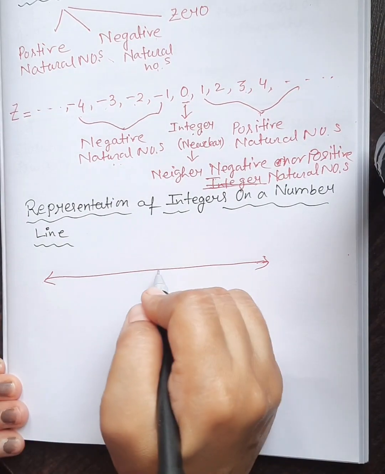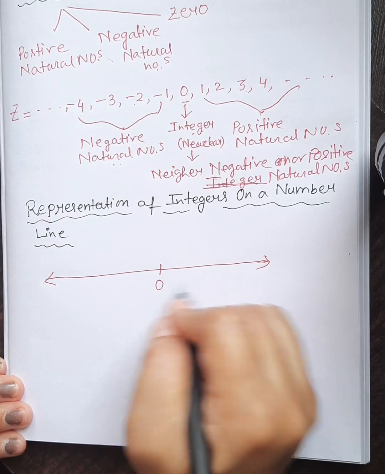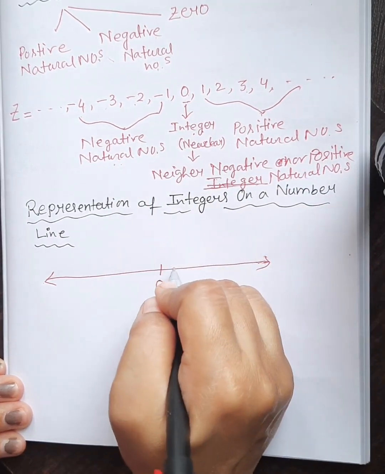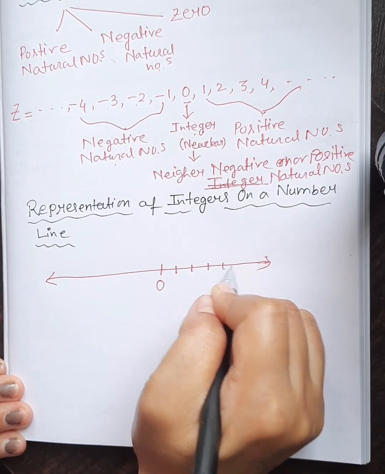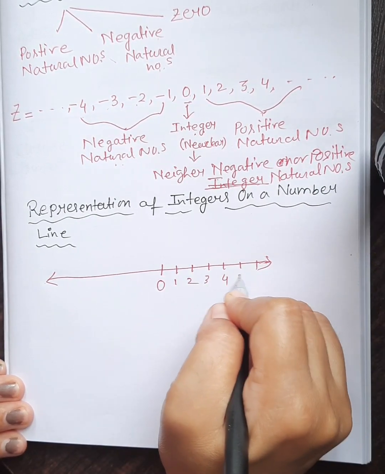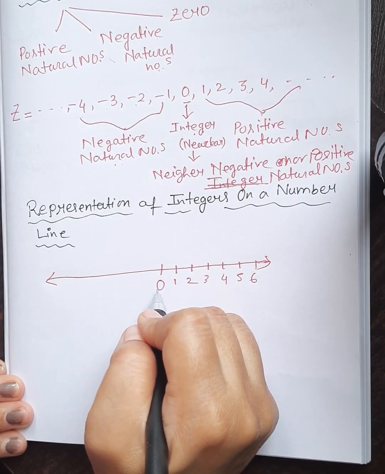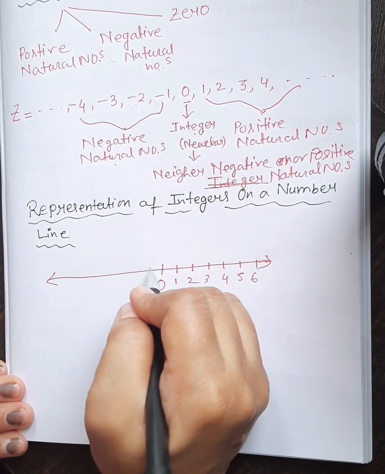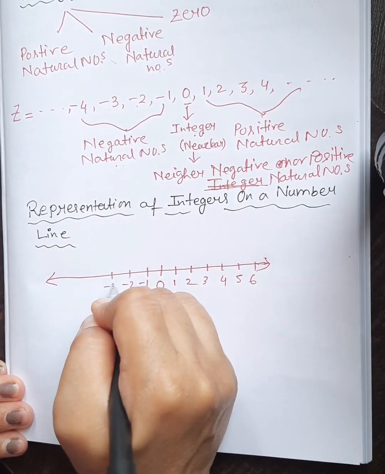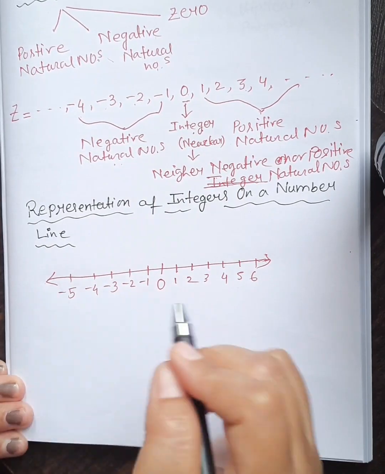So in the middle is 0. We know that on the right side of 0, all the positive natural numbers belong: 1, 2, 3, 4, 5 and 6. And on the left-hand side of 0, all the negative natural numbers belong: -1, -2, -3, -4, -5 and so on.